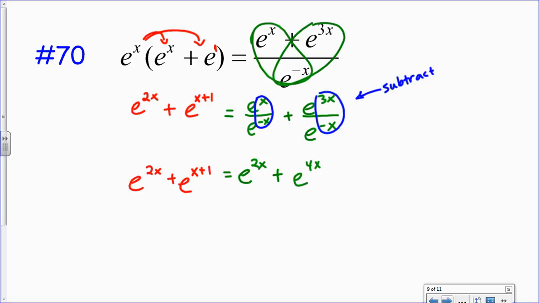Okay. Well, I still have 2 terms on the left and 2 terms on the right, but I only want 1 term on each side. I notice I have a common term, e to the 2x. So if you subtracted both sides by e to the 2x, those would cancel. So these whole things cancel, not just the base, the whole thing.